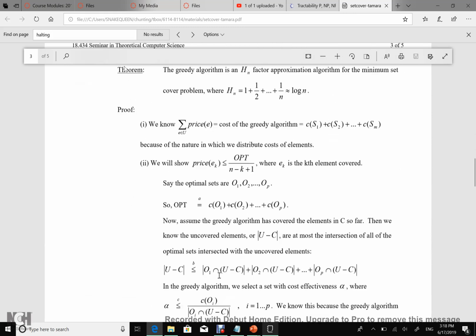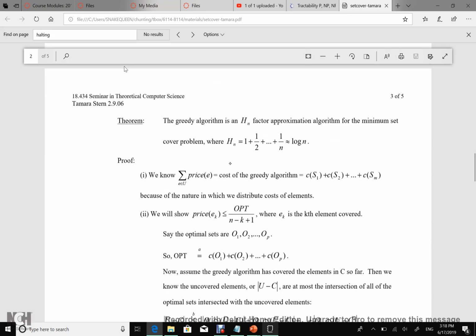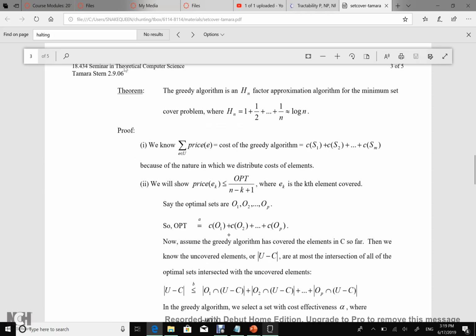And this is the proof to say that, although it may or may not give you the optimal result, the result is close to optimal.